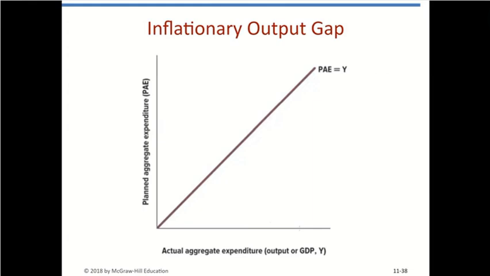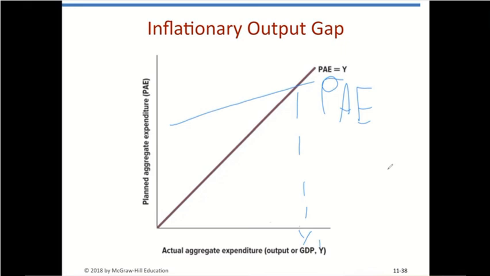Now, as you may have guessed, that is just the opposite of a recessionary output gap, but I will still show you right here. So let's say we have our regular PAE. This is our Keynesian equilibrium all the way on the right here. That's Y1.